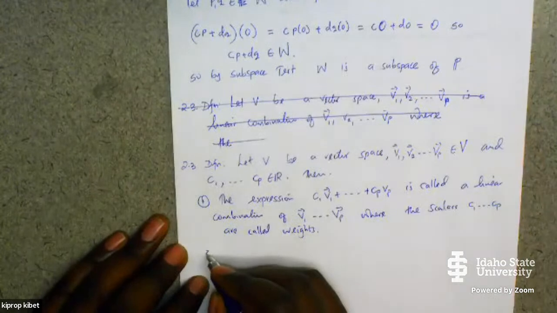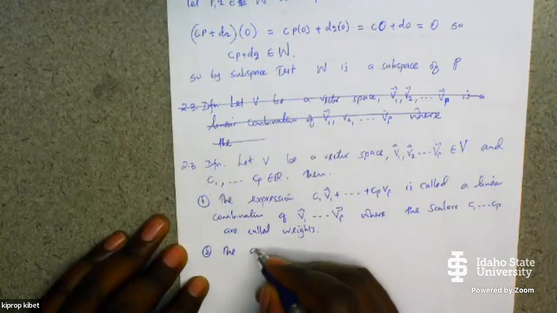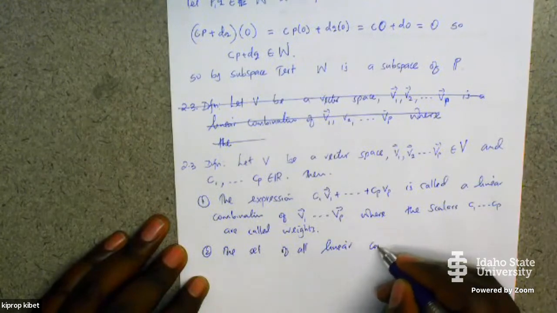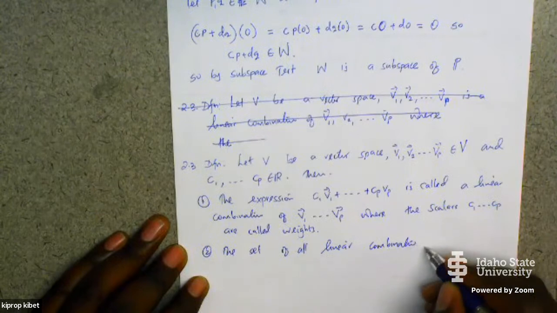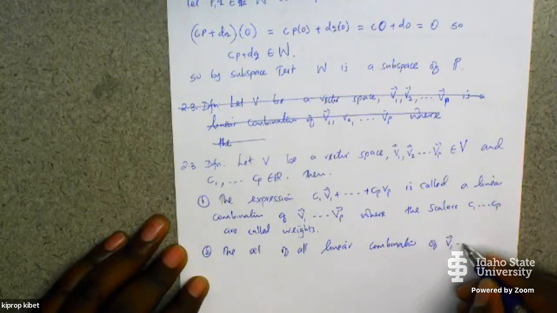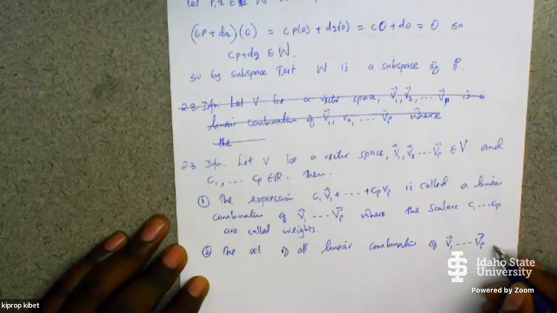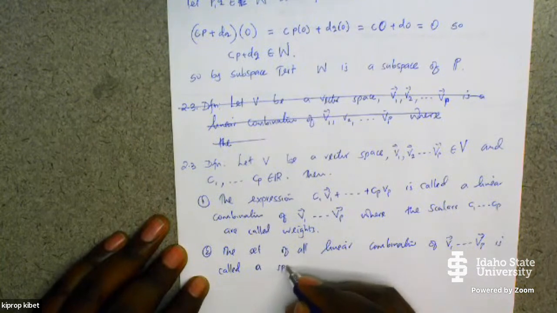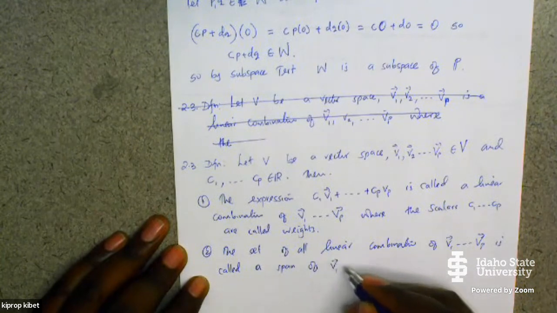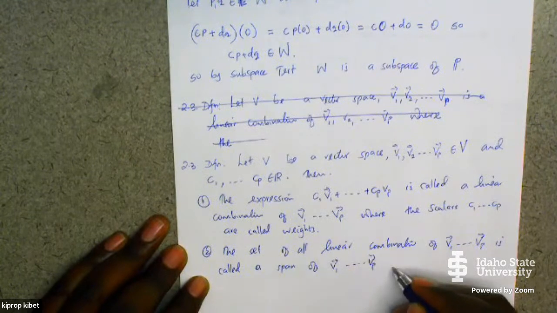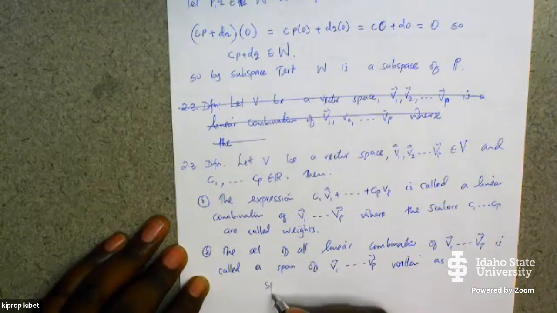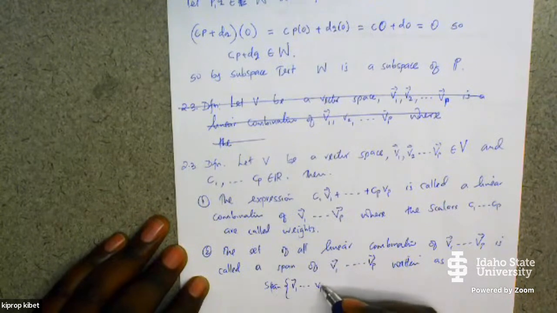Number two, the set of all linear combinations of V1 all the way to Vp is called the span of V1 all the way to Vp, which is written as span of V1 all the way to Vp.